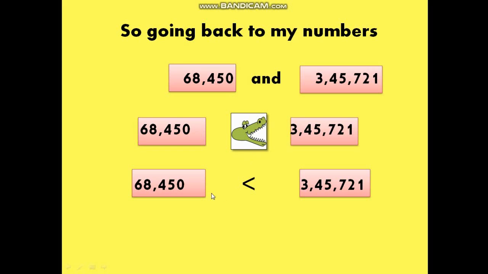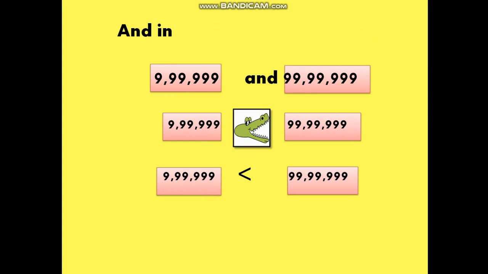So it will be represented like this: 68,450, 3,45,721, and the crocodile mouth is open towards 3,45,721. And what about this number?